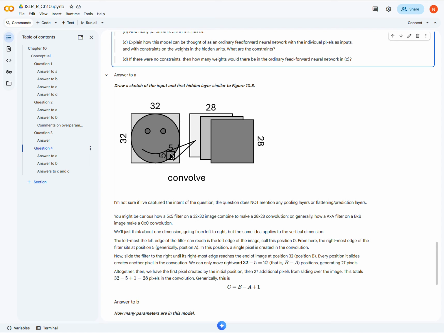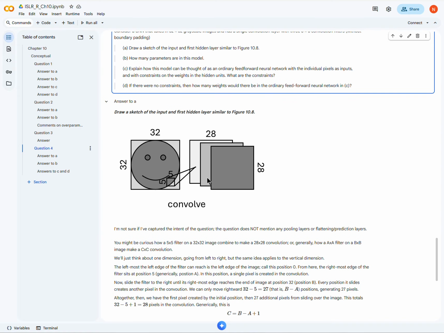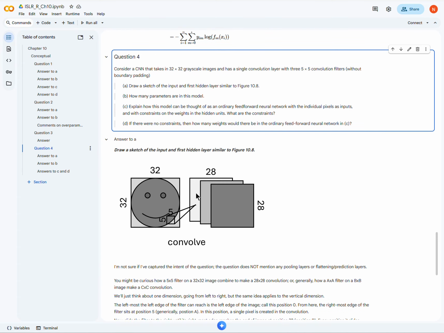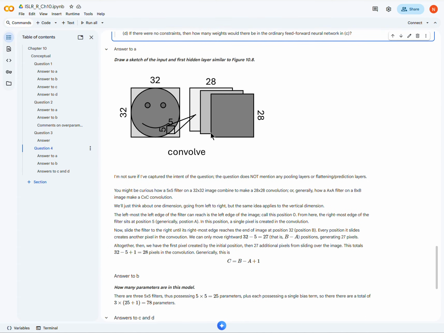Actually, we have a few filters that are taking our image and then convoluting it. Is that the right use of that word? I'm not sure. But into 3 different intermediate layers here, and then presumably there might be continued layers to the right of this that I don't think were intended to be represented.